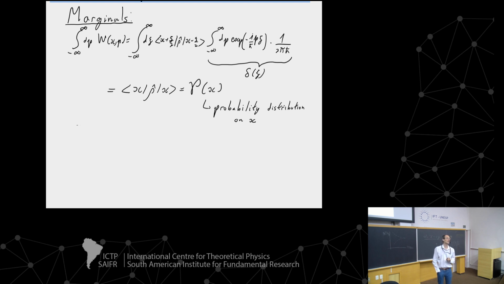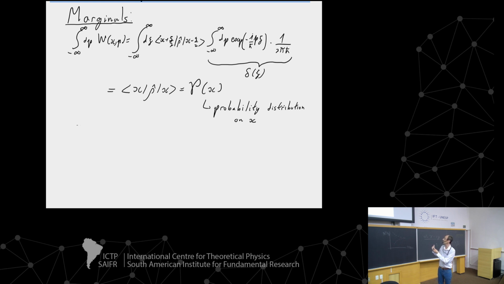We called it Q for the formalism in the last class. And that's just the probability distribution of getting an eigenstate x upon a measurement. That's what we call a marginal distribution. You take the average in one dimension to get the expectation in the other conjugate dimension.